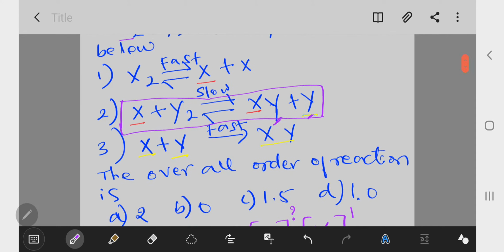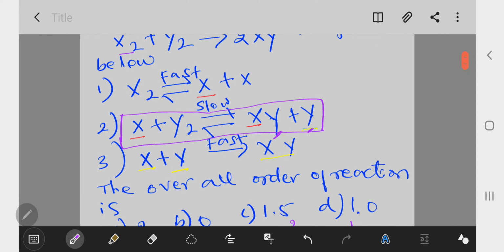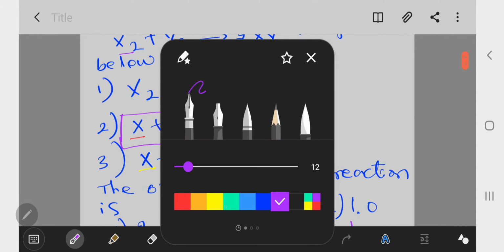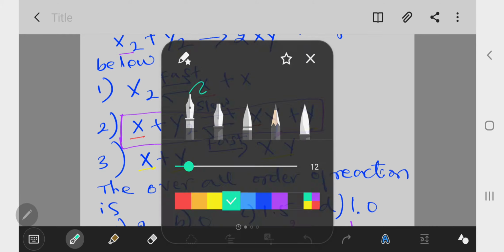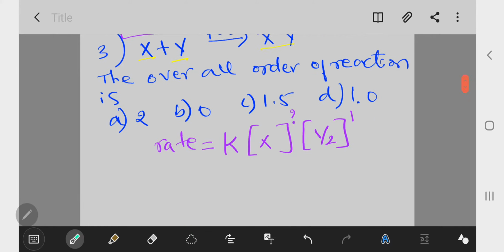For this I have to write the equilibrium constant for the first step. What is this equilibrium constant K?